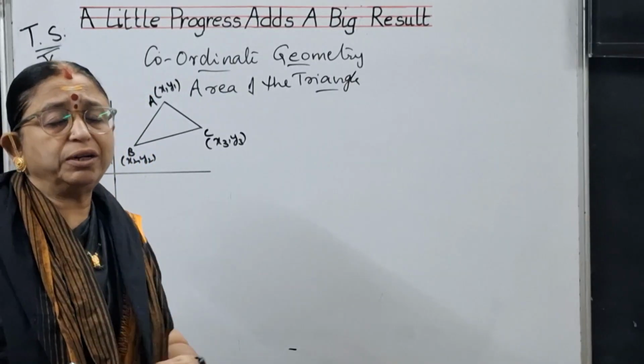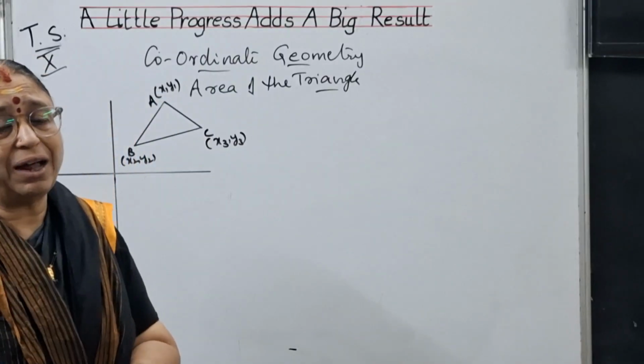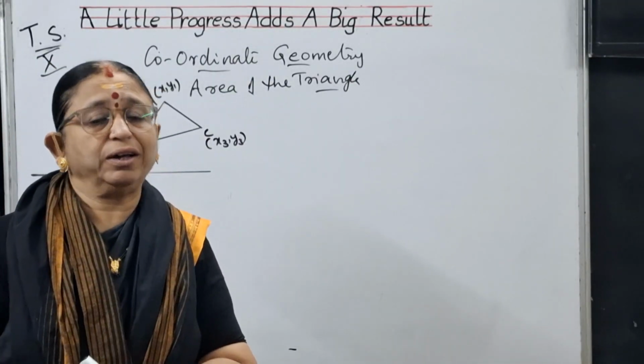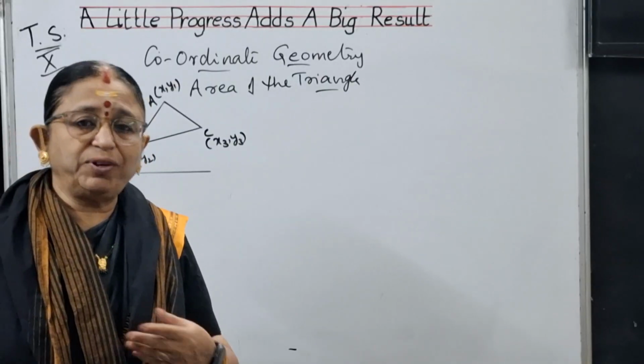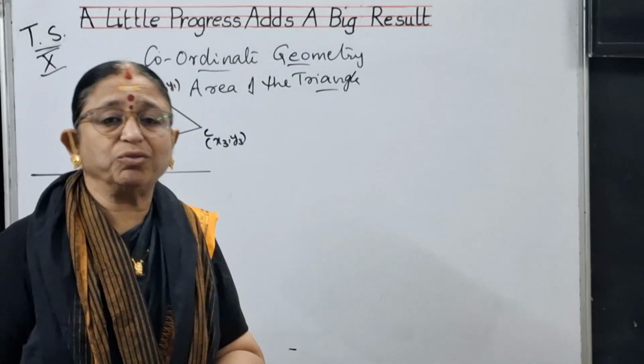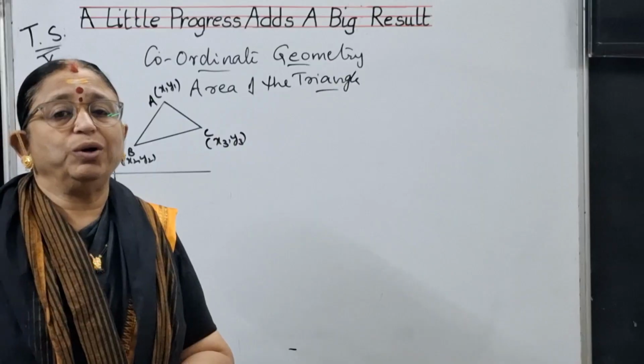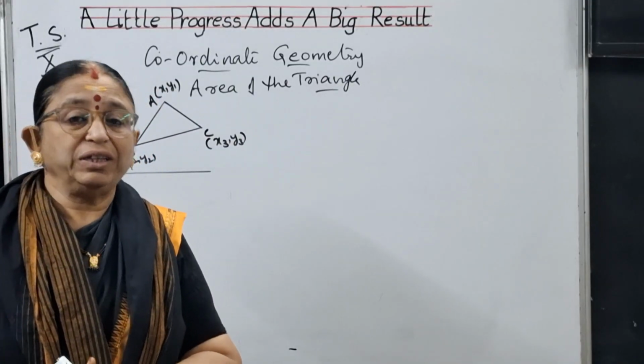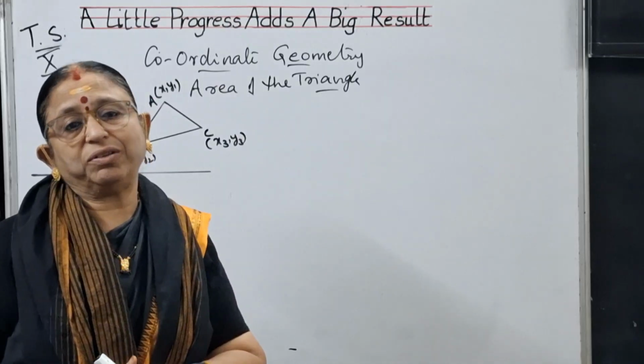Every time you need not use this derivation, children, but understand how the formula of area of a triangle is obtained. Sometimes in the essay question, they ask you to derive a formula for the area of a triangle. In that case, you have to do what I am teaching now.